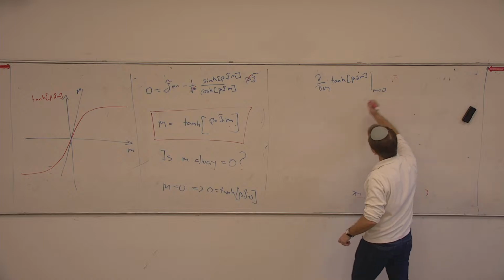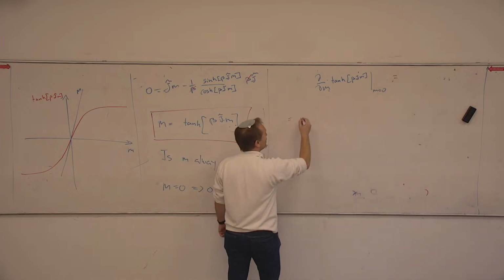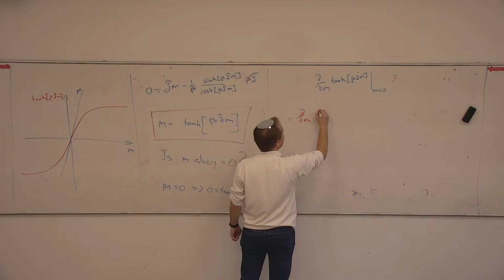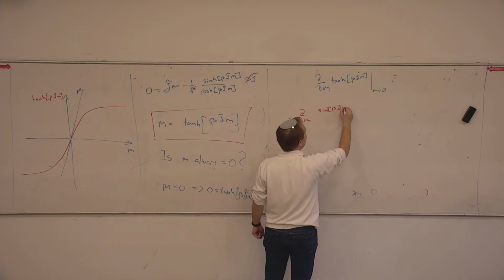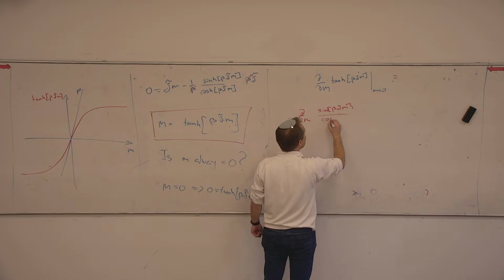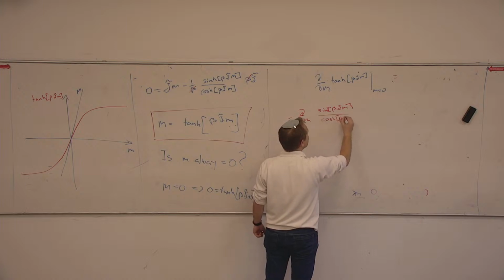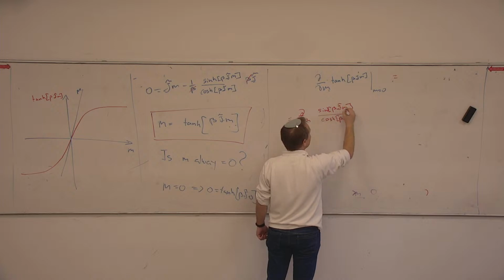Let's derive it. It is d/dm of hyperbolic sine of beta j tilde m divided by hyperbolic cosine of beta j tilde m.